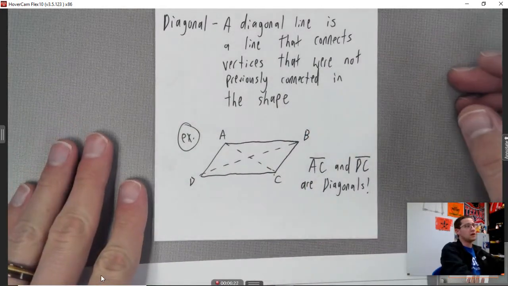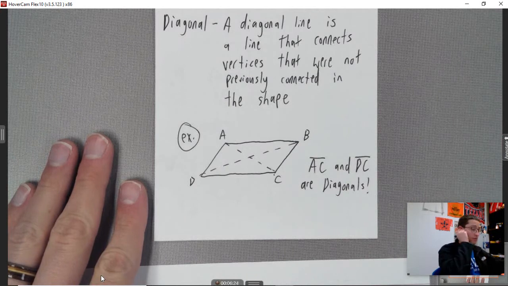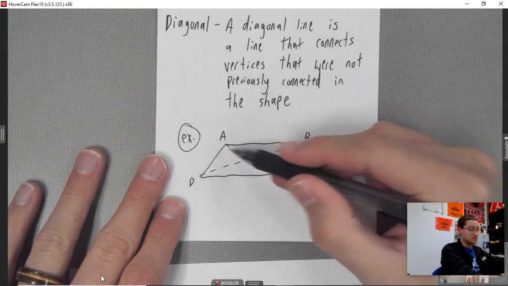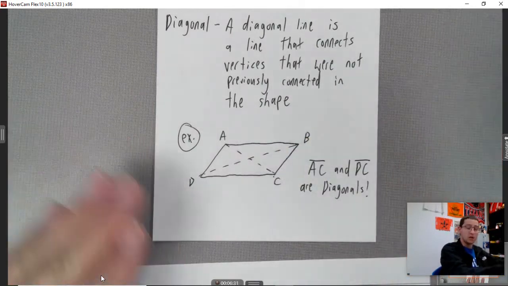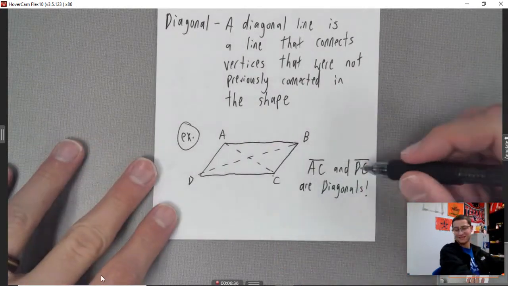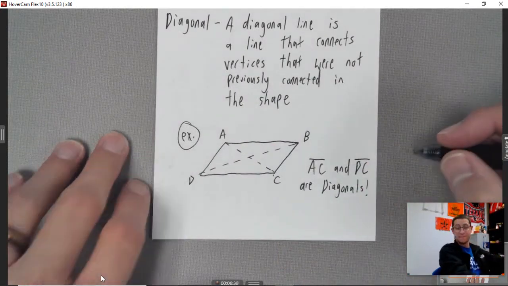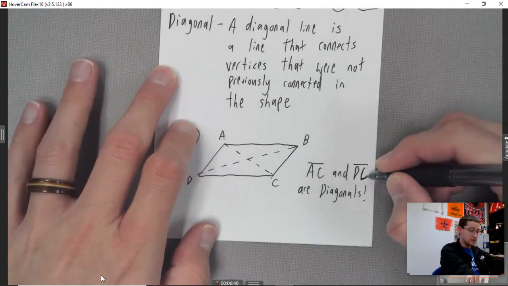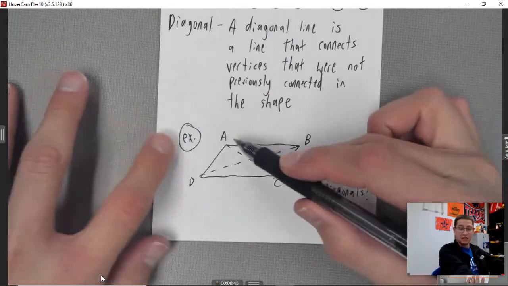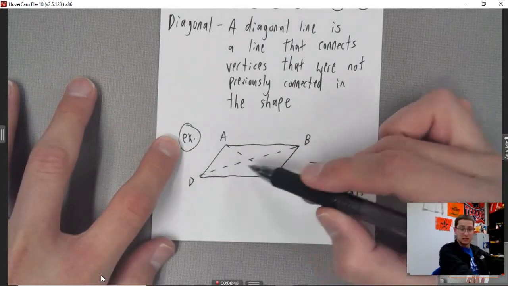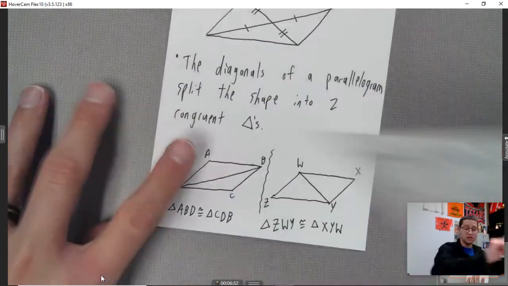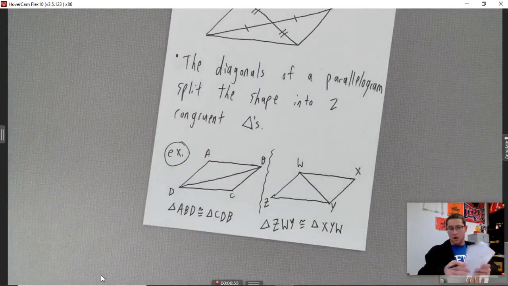If we're talking only about the parallelogram, we're connecting those opposite vertices, in other words, the ones that weren't previously connected when we just drew the shape. So AC and DB are diagonals. Cool, we're going to need that definition on this next one.